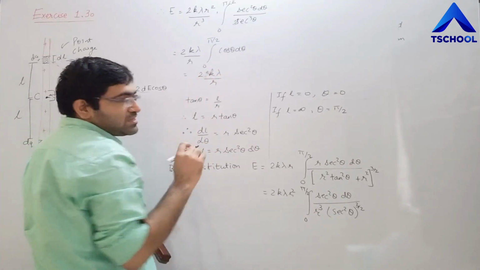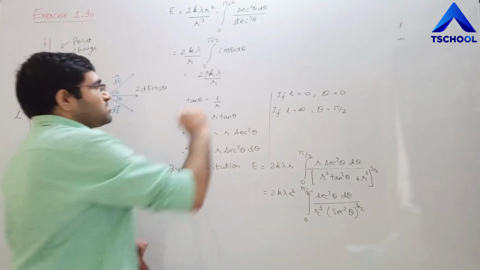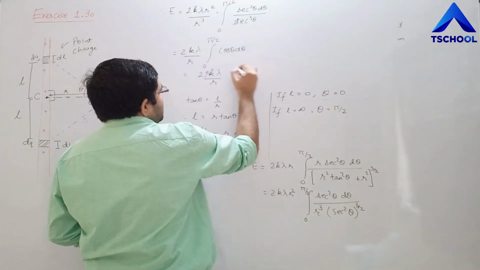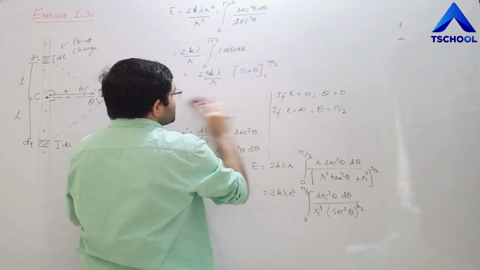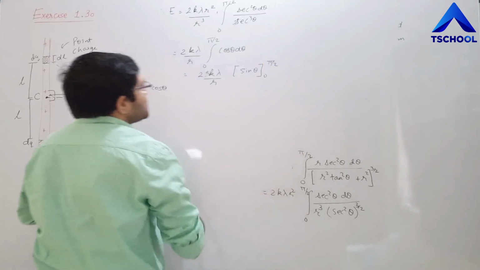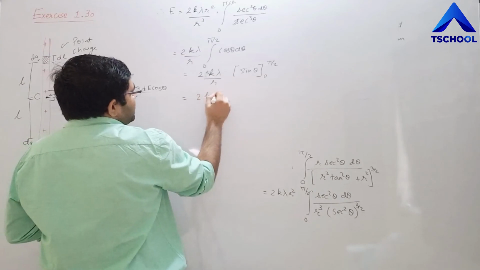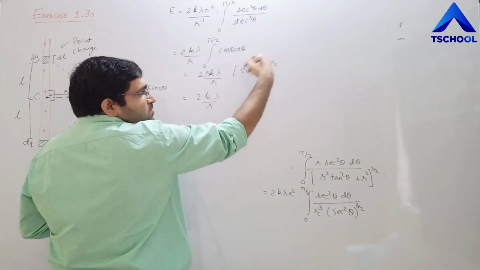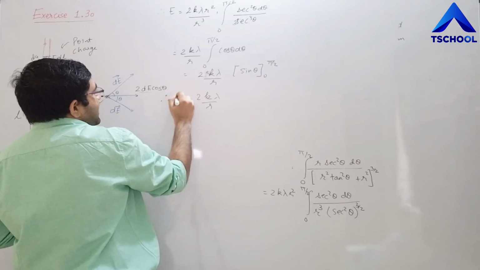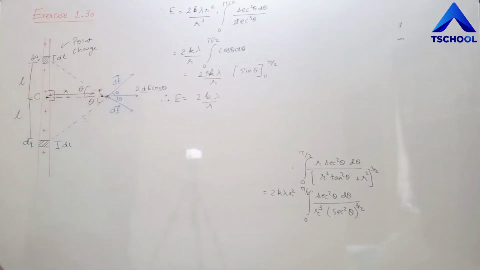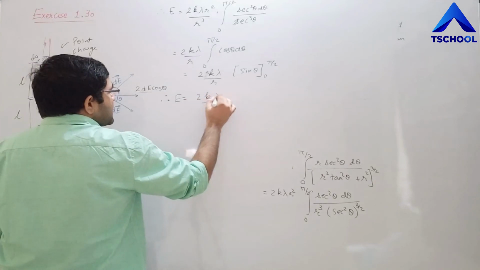Integration of cos theta is sin theta, right? So sin theta from 0 to pi by 2. Alright. So I'll get 2k lambda by r and put the value. So 1 minus 0 is 1. So that's it. We've got the electric field at this point is 2k lambda by r.